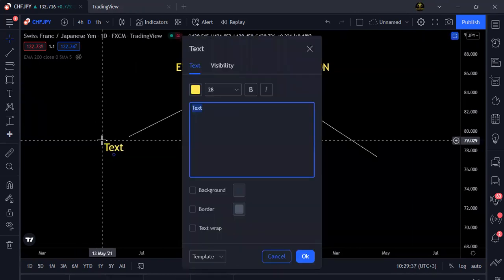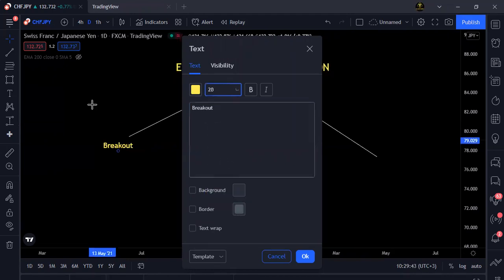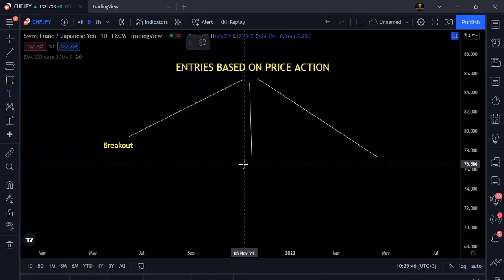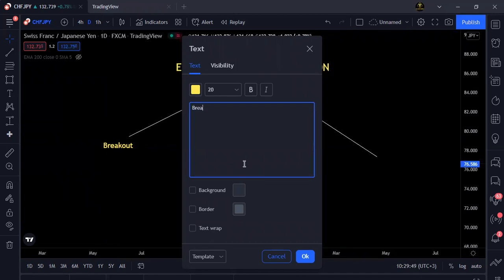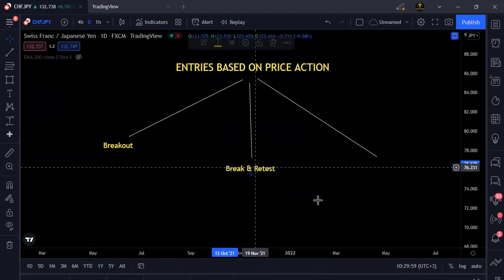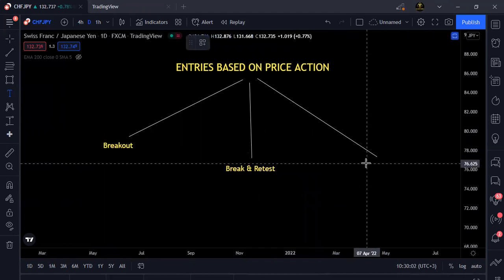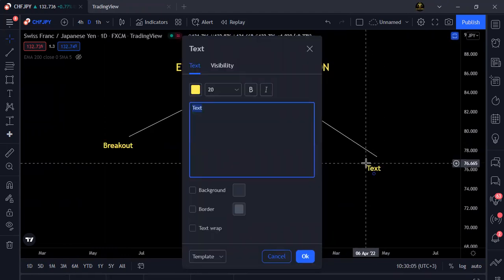The first one is the breakout. The second one is the break and retest. And then the third is called the risk aggressive, or what some people like to call the sniper.